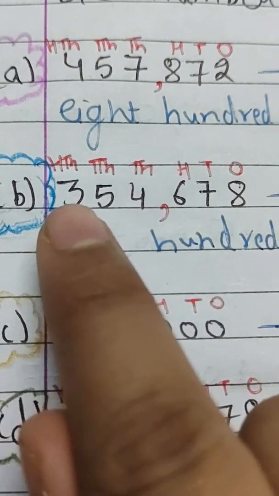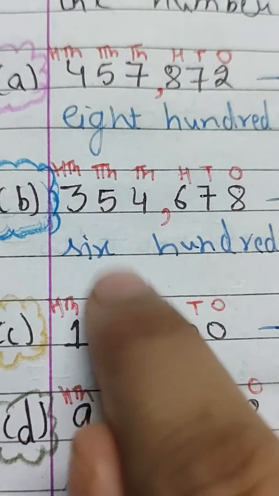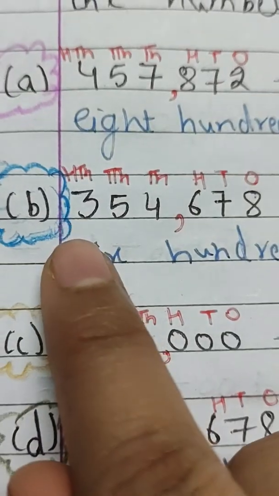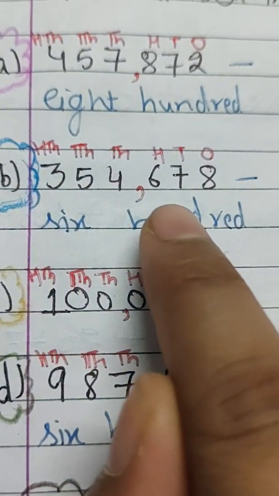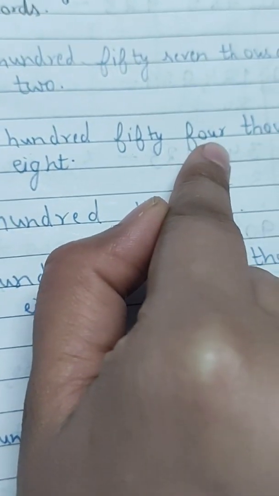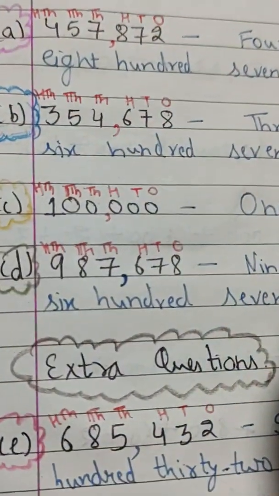How to read this number? 354. Don't say 300,000. 354, the period will always come last. 354,678. So 354 thousand and 678 is the number name.